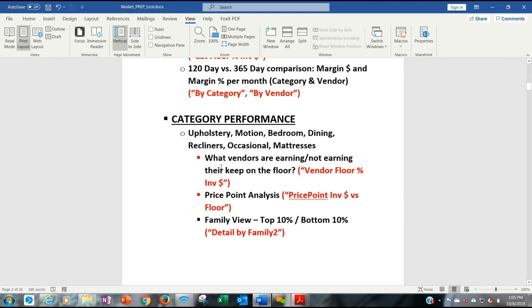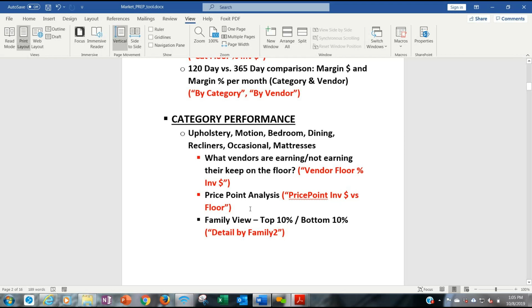At each of those categories, I focus on the next level. The first one is really trying to understand which vendors are earning their keep on the floor and which ones are not. I use the vendor floor percent inventory dollar tab to get that information.